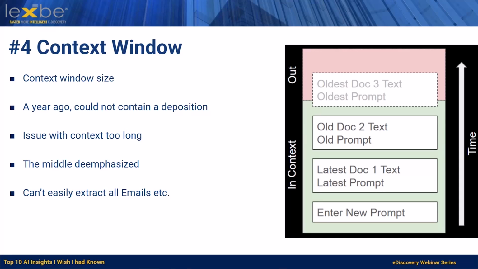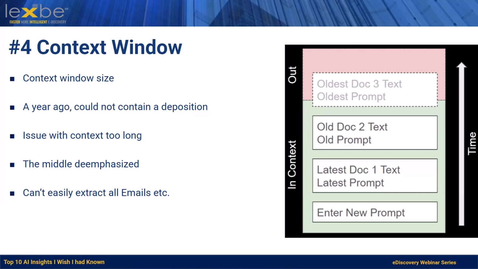There's a chance that information about the sports team has now scrolled out of context, is now in the red. It's no longer part of the context, and therefore it would say, I don't have any information about who they are. I don't know who you are referring to. So that used to be a huge problem.